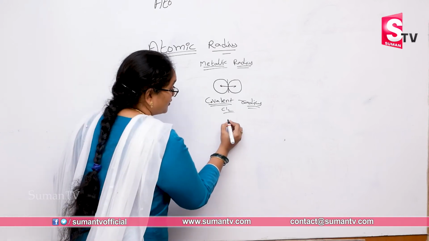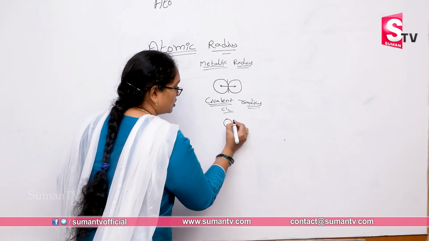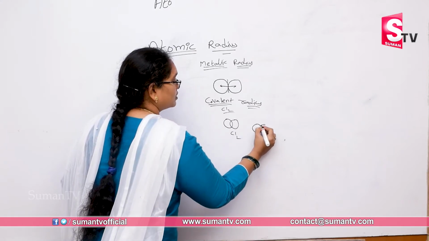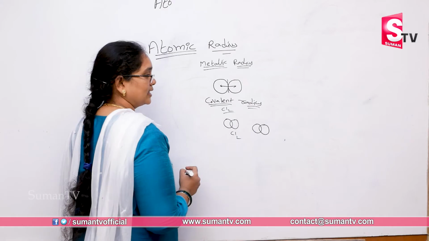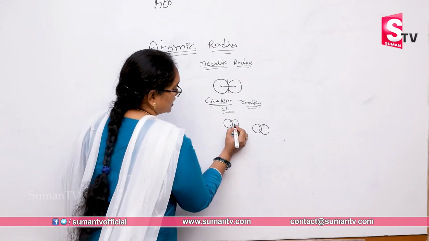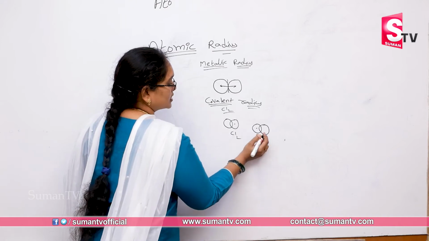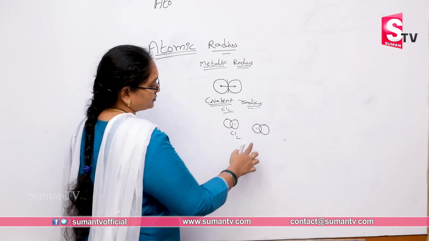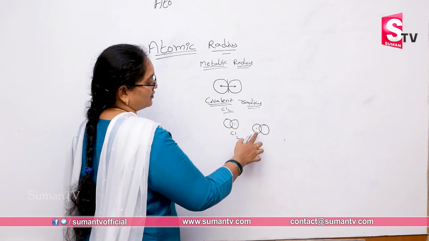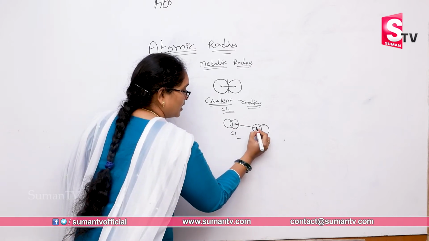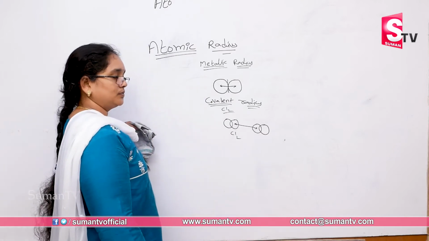This is one Cl2 molecule and this is another Cl2 molecule. This is the nucleus of one atom of this molecule, and this is the nucleus of one atom of another molecule. So the distance between these two.